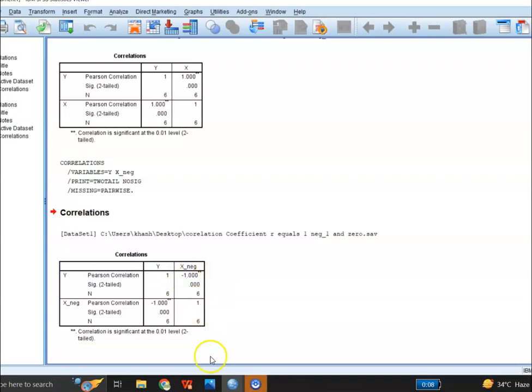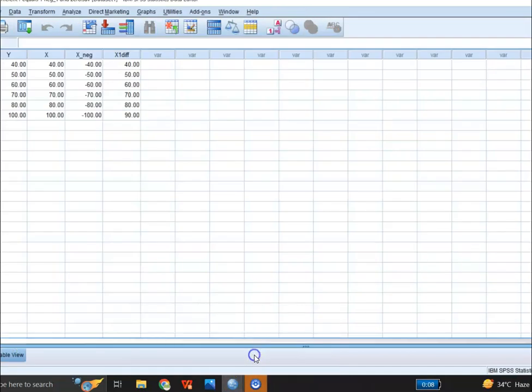And how is it possible? Let me show you the data. You can see in the data these values are exactly the same as the y values, but the only difference is that these values are negative: 100 and -100, 80 and -80, 70 and -70, 40 and -40.